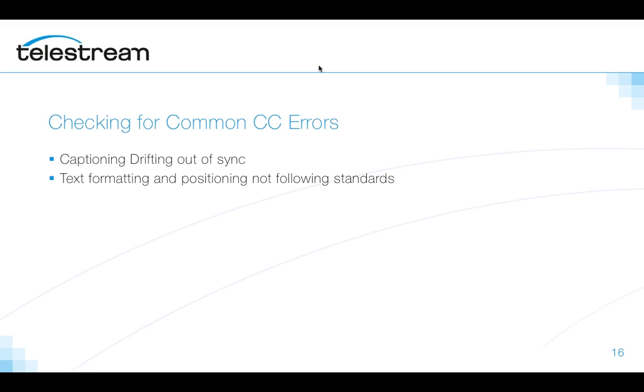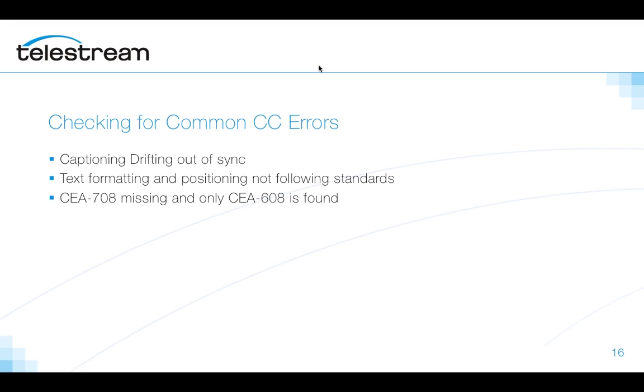As I mentioned, check to make sure that the text formatting is following the standards of accessibility. There are times also when 708 is missing and only 608 is found. So you have an HD MPEG-2, and let's say you have some software that says, give us an SCC file and we'll transcode into MPEG-2.